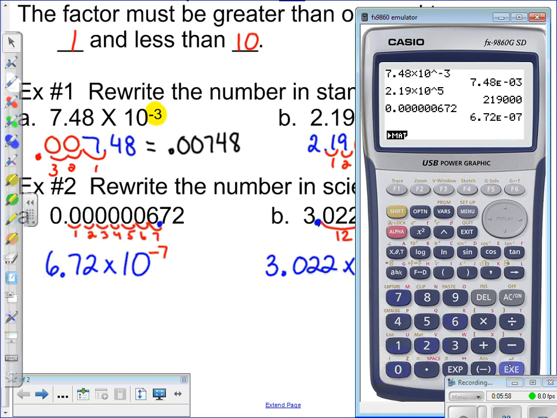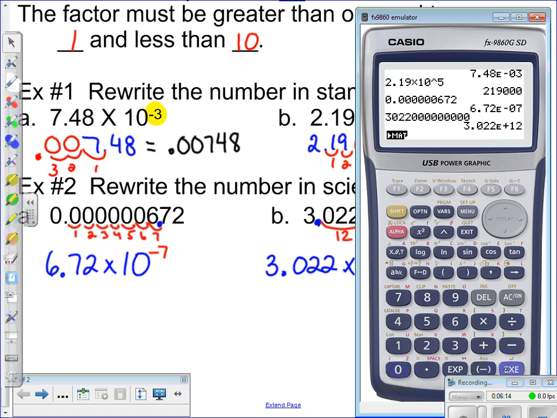If you hit enter, it converts it to scientific notation for you. And then B, which is 32022 followed by zeros, and it converts that one to scientific notation too. So it's necessary that you know how to use the calculator to solve these.